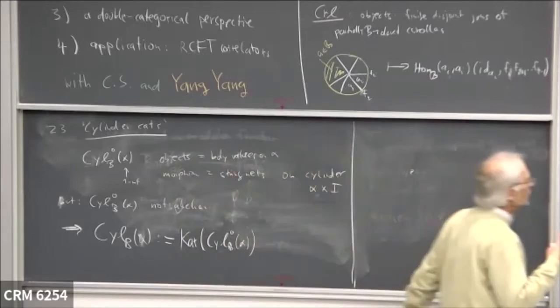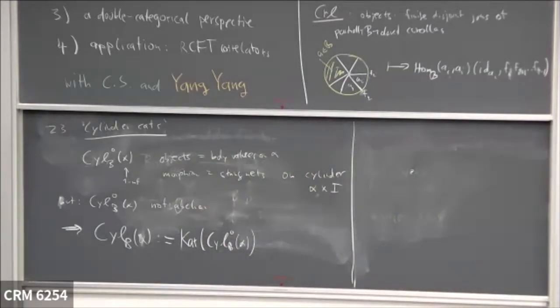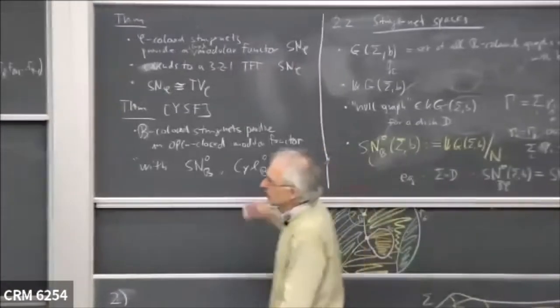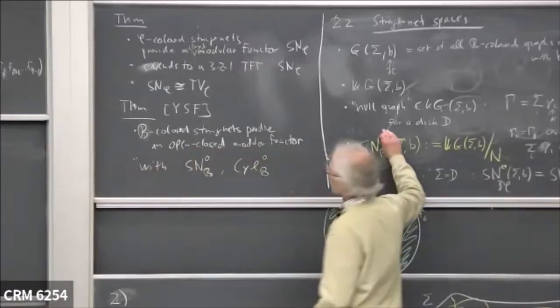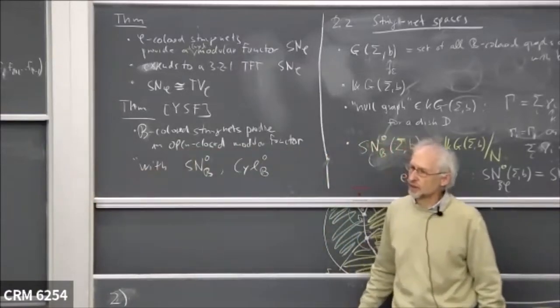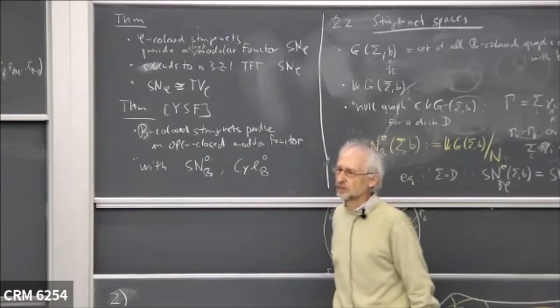and then you can induce from those idempotents, idempotents on your string net spaces here, and you define string net spaces without a zero as the images of those idempotents on the original string net spaces.